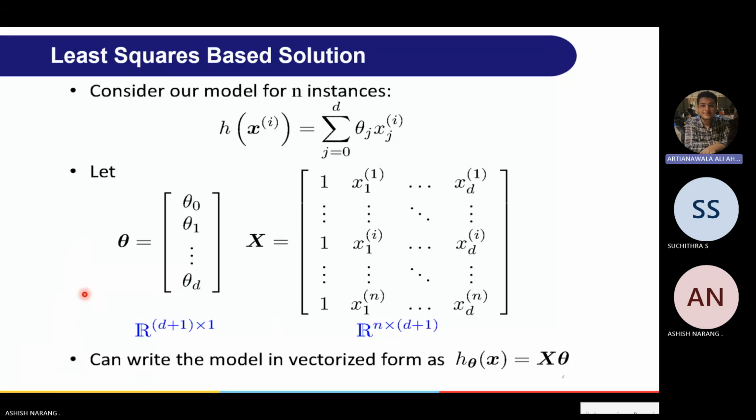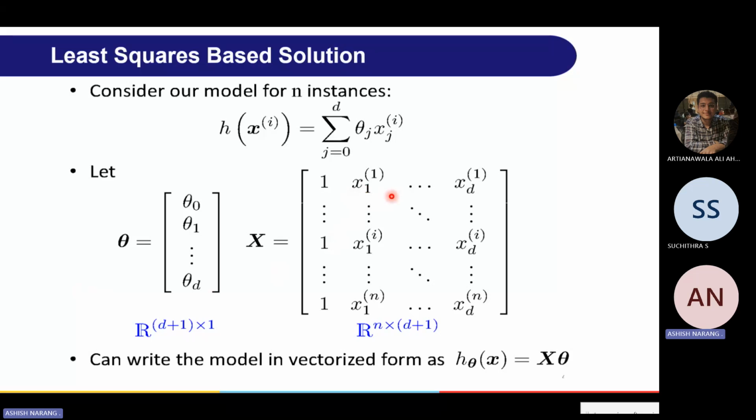Got it. So how do I represent my data? Whatever x you are seeing right here, that is an input feature. In the first record, what is mentioned here is x1 raised 1, x1 i, then x1 n. These are the records which I have. For the first row, what is the x1 feature? The x1 feature may be the area of the house.